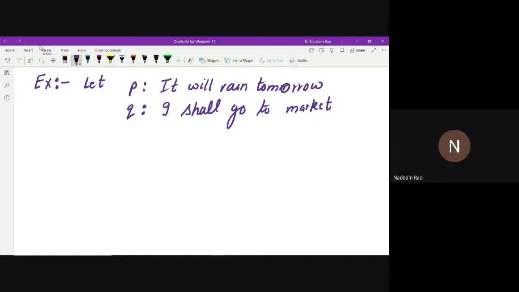What we need to do is write down the meaning of the following.